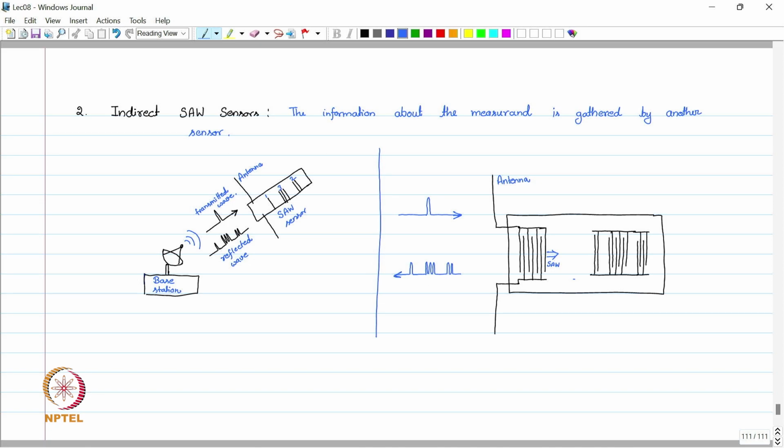So this will be the wave coming out of the SAW sensor, or we can say the RF response. And this we can call an ID tag using SAW. This is a sample ID tag using SAW device.